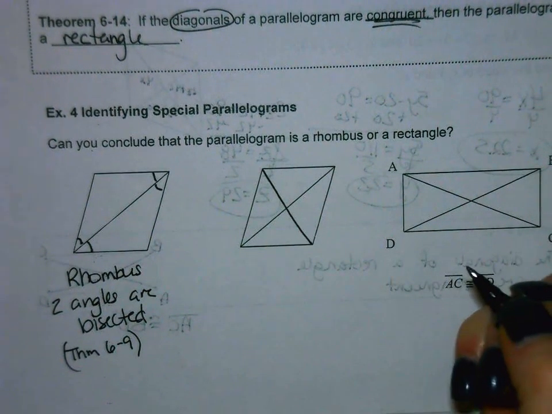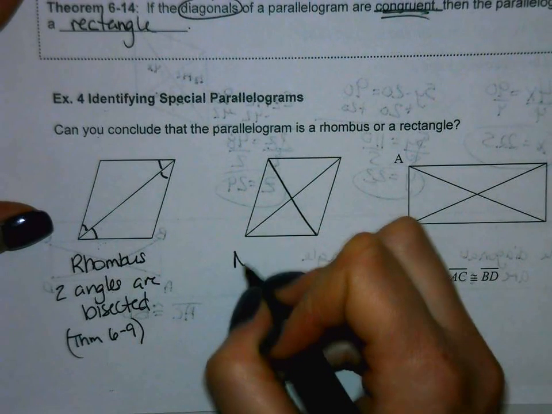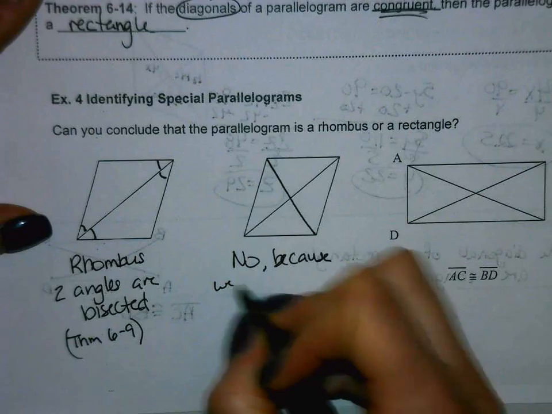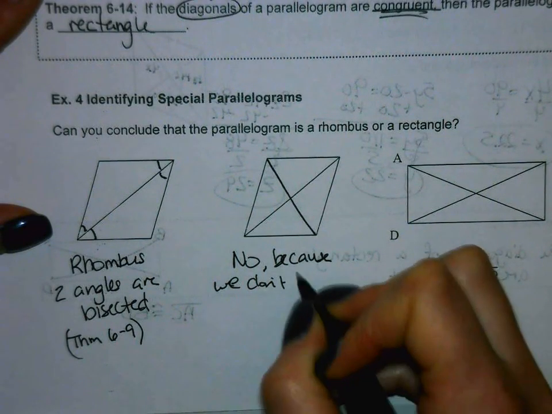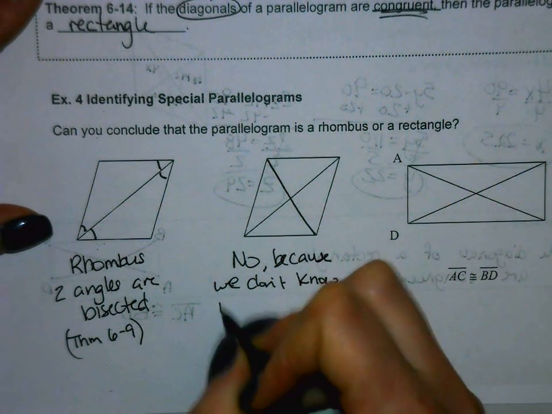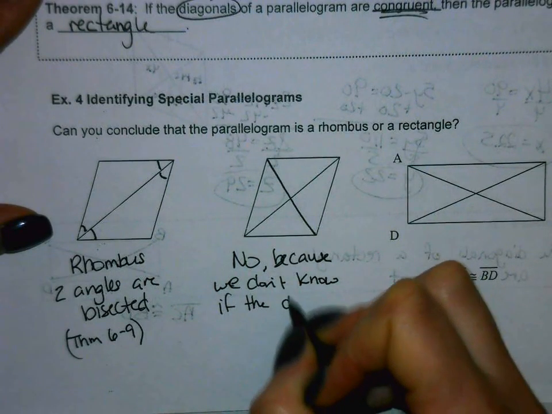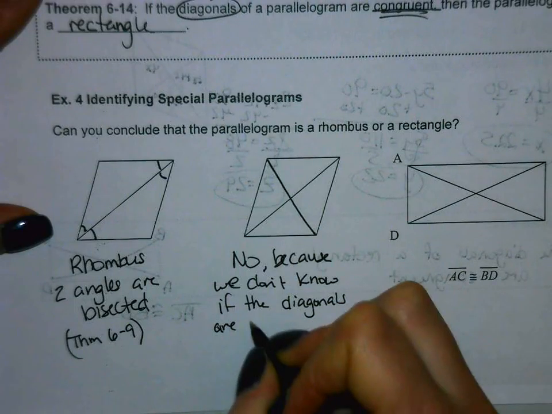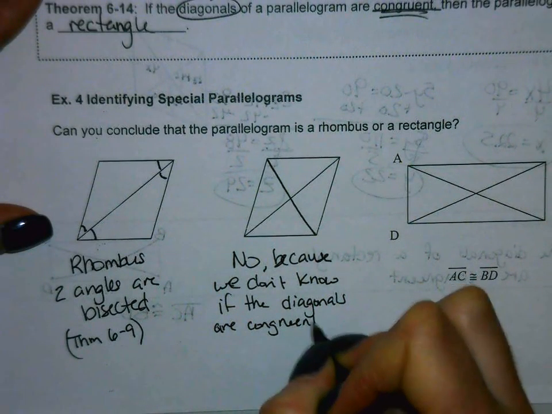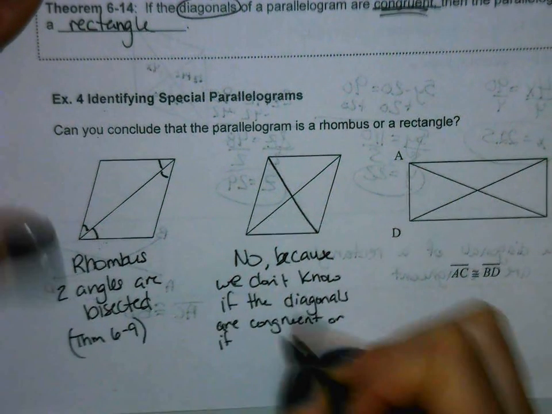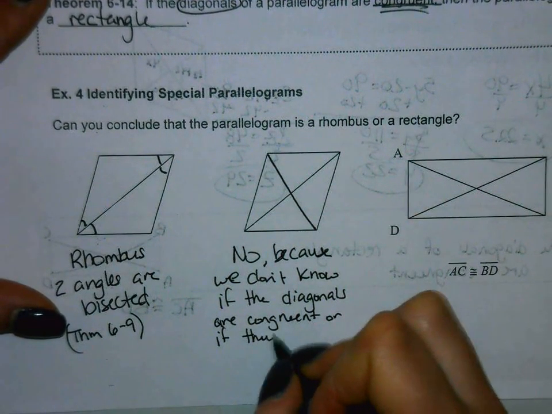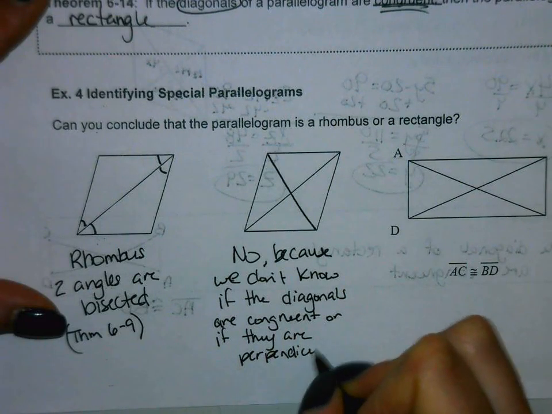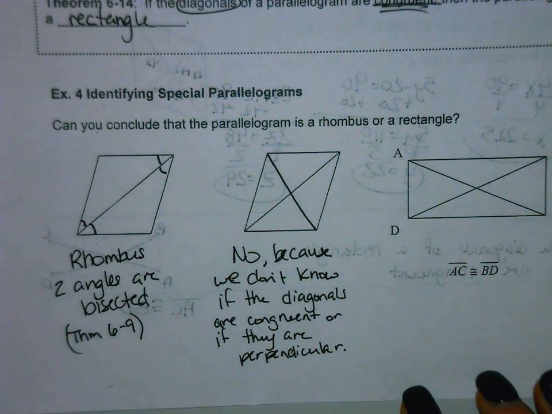In this one, we can't conclude that it's a rhombus or a rectangle, because we don't know if the diagonals are congruent, which would make it a rectangle, or if they are perpendicular, which would make it a rhombus.